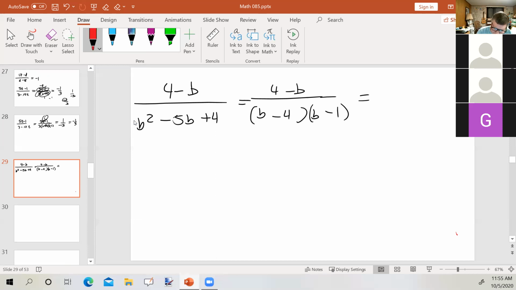Yes. So this is going to be negative 1 over 1. So now I've got negative 1 over 1 times b minus 1. All right. So you want to look for that pattern.